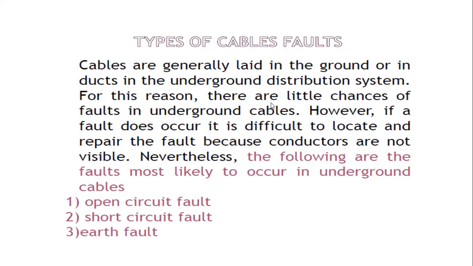For that reason, there are few chances of faults in underground cables. Therefore, some faults are obtained in underground cables. If a fault does occur, it is difficult to locate and repair it, because the conductors are not visible.